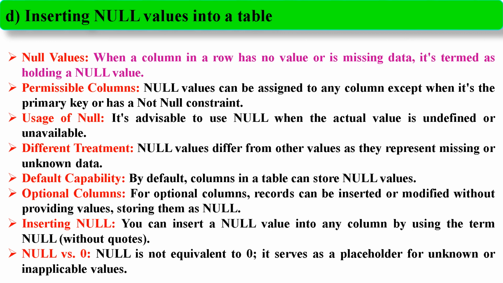Optional columns: for optional columns, records can be inserted or modified without providing values, storing them as null. Inserting null: you can insert a null value into any column by using the term null without quotes. Null versus zero: null is not equivalent to zero. It serves as a placeholder for unknown or inapplicable values.